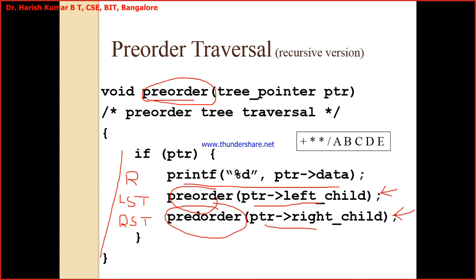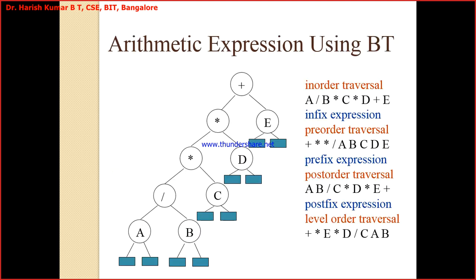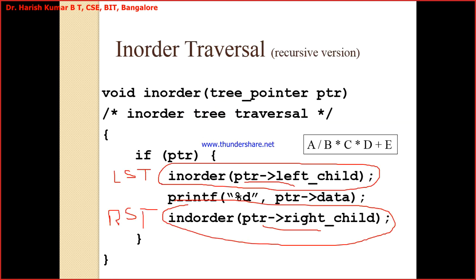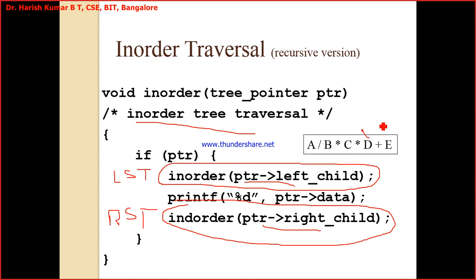Now if I take an arithmetic expression, in all these examples I have taken an arithmetic expression. So this is the tree of the arithmetic expression. When I perform the Inorder Traversal of this tree, I get the infix expression.